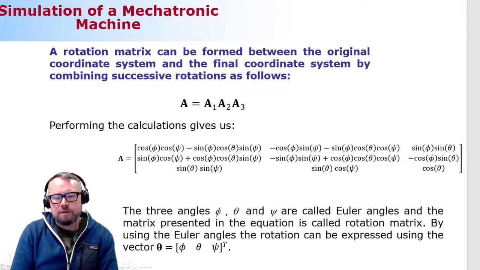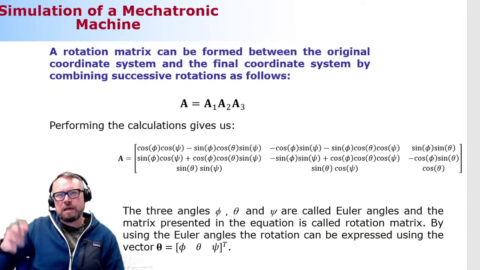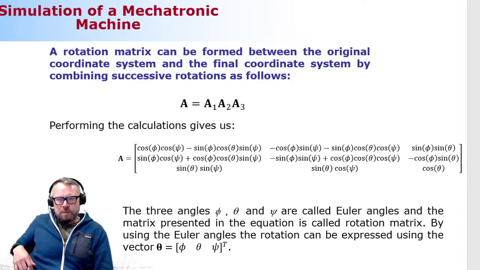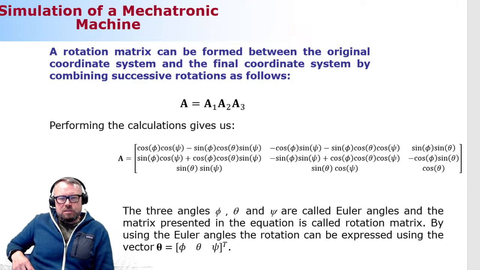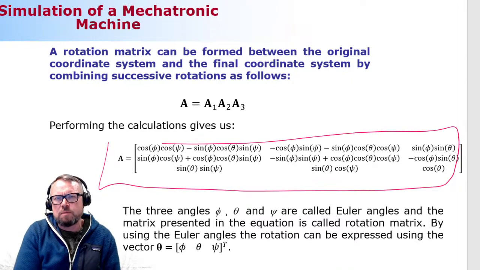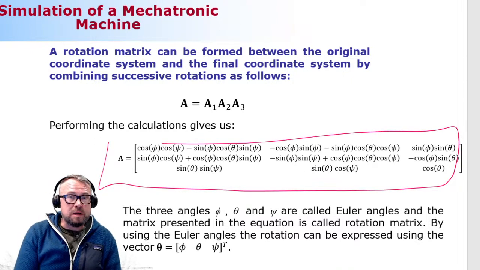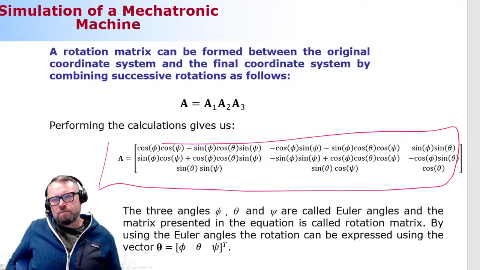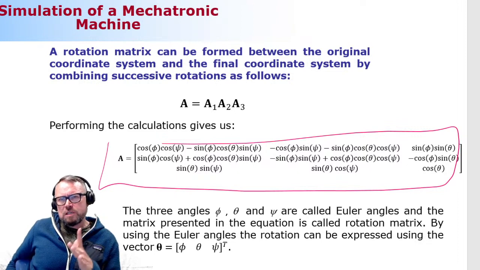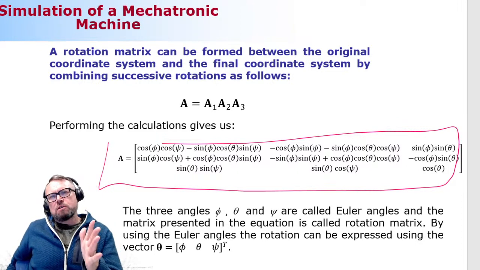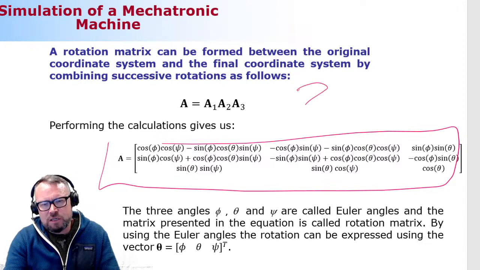Once you multiply these matrices together, this is how you deal with successive rotations. Then you finally get this description of the rotation matrix, which I'm not expecting you to memorize. But I would like you to be aware of the concept where these Euler angles are coming from. They're coming from three successive rotations. The most often used sequence of rotations is the one that we just looked at.